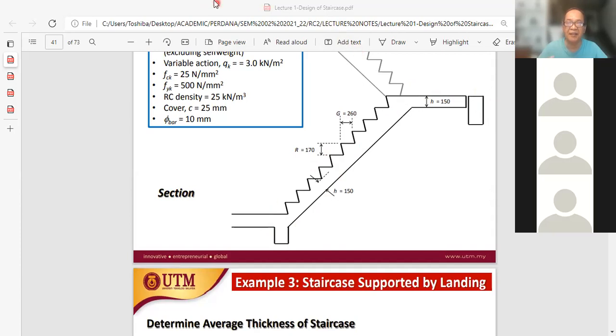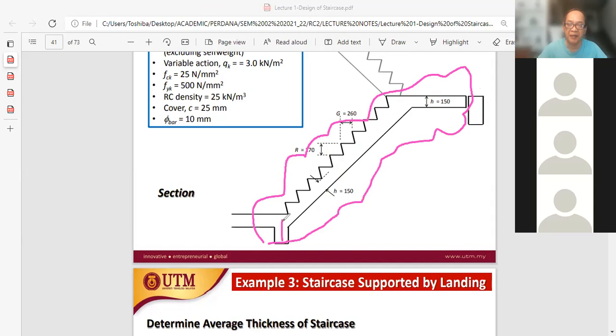Which means that for this particular staircase, we are now short of one support. We have one support here. Clearly there is a support here, but because the beam is not connected to the landing, we lose another support at the end here.